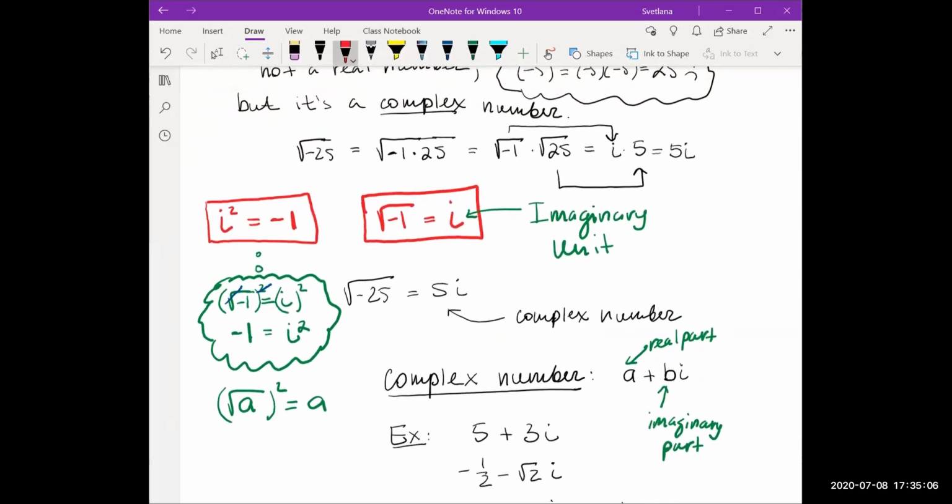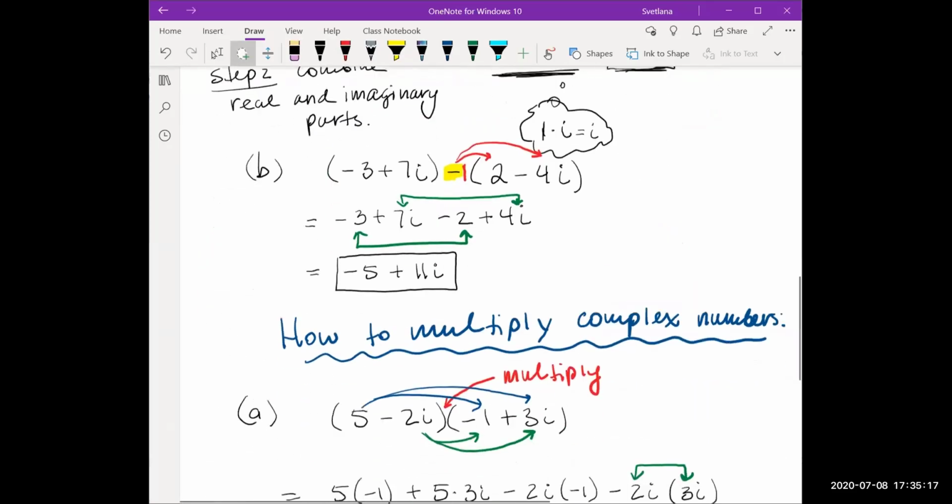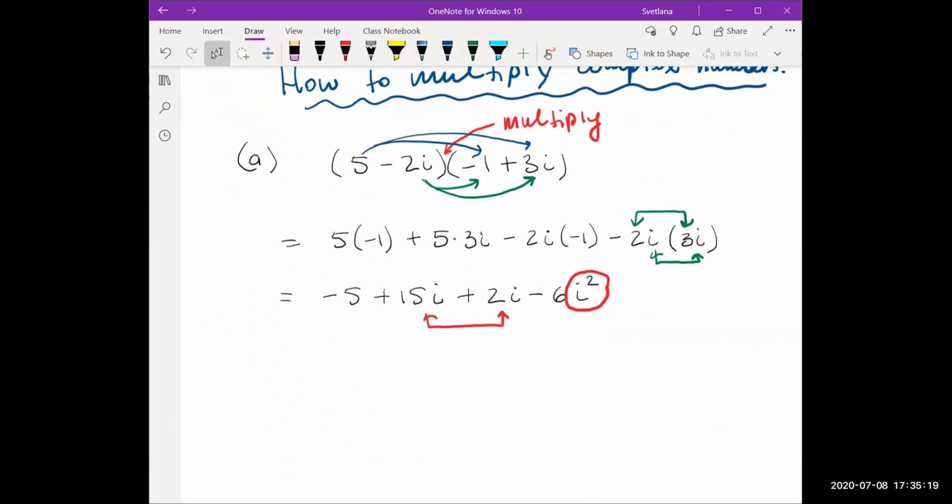I wanted to see if anyone remembers. Remember how we figured out that if the square root of -1 is i, then i squared has to be equal to -1 through basic algebraic manipulation. So i squared is -1, and every time you perform this kind of operation like multiplication and come across i squared, you have to replace it with -1.